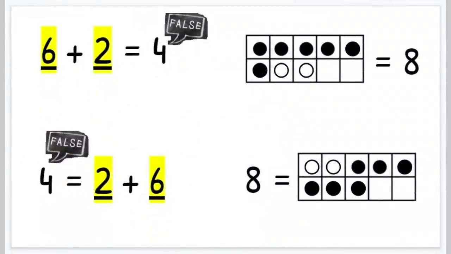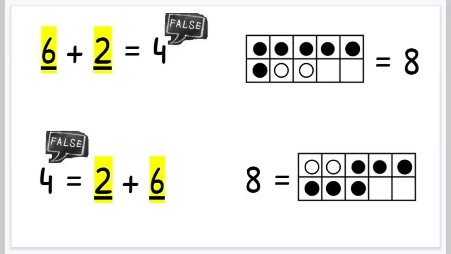Now here's an example of what I mean when I say you can't just rearrange any of the numbers. You have to stick with rearranging the smaller parts, because if you look here, if we add the whole amount to one of the parts, what it equals is not a number that was originally in our addition number sentence.